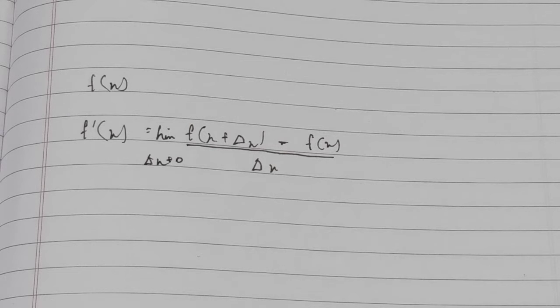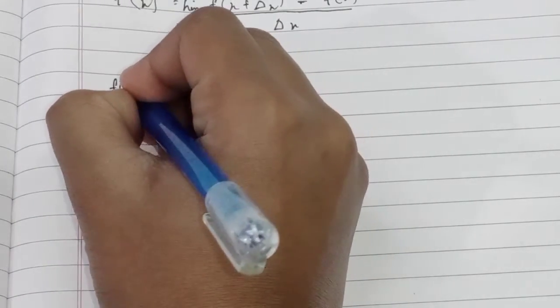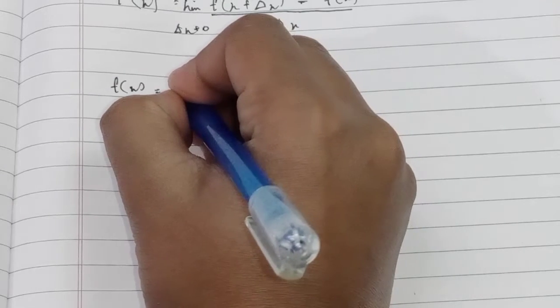Now we will use this to prove the power rule. Let's say that we have f of x equals x to the power of n, for any positive n. Okay, n is a positive integer.